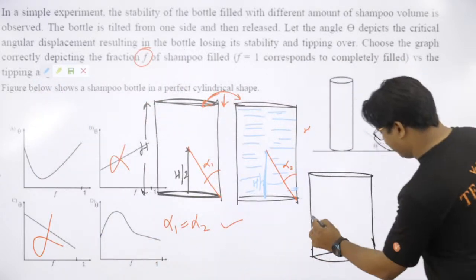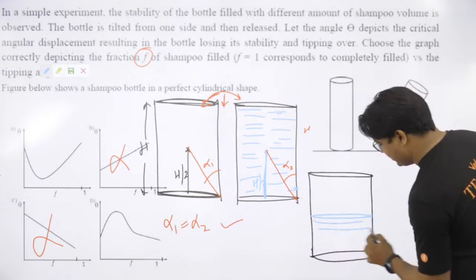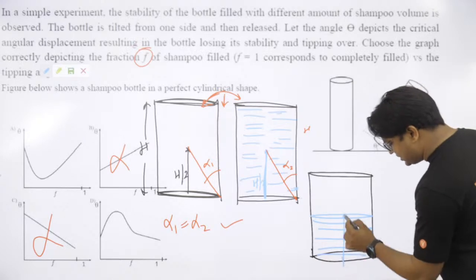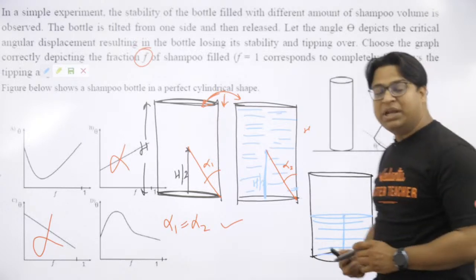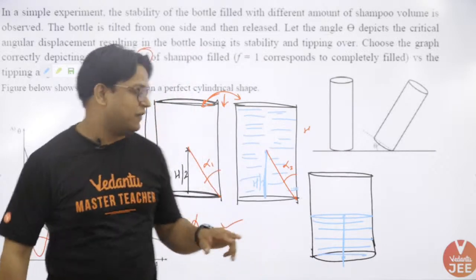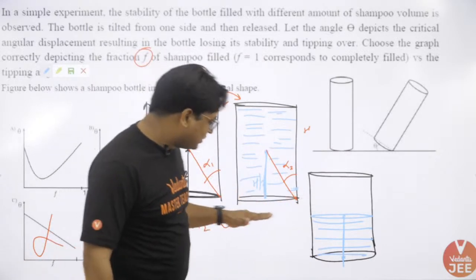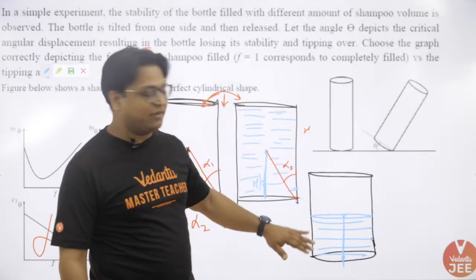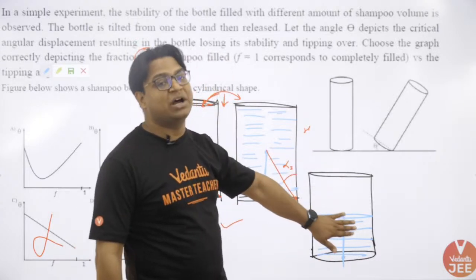So when it is half filled, can we surely say that the center of mass will lie in the lower half of the bottle? Because if I divide this cylinder into two halves, the upper half and the lower half, I see more mass in the lower half.